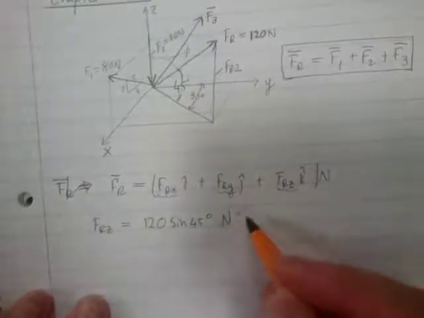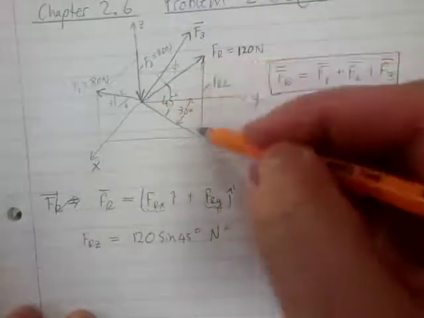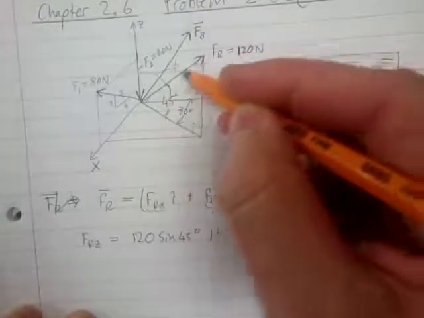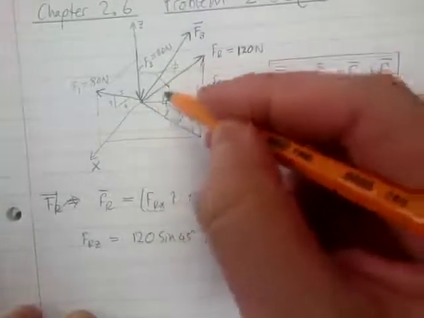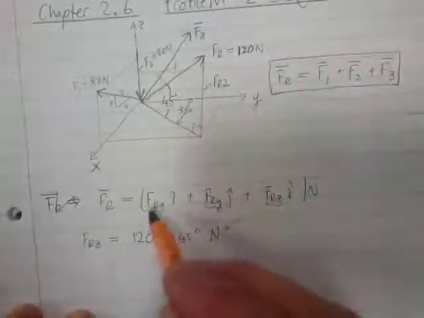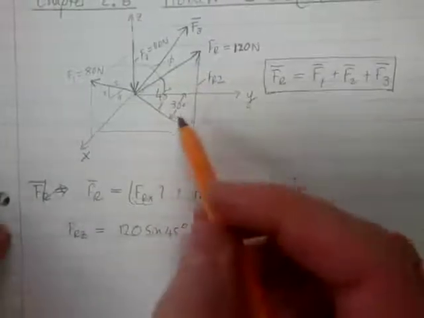We've got Frz here. Frz is 120 sine of 45, because can you see that is a right angle triangle there? That is our angle, there's our magnitude. So 120 sine of 45 gives us that vertical component. But now we also need Frx and Fry. So what do we need to do?